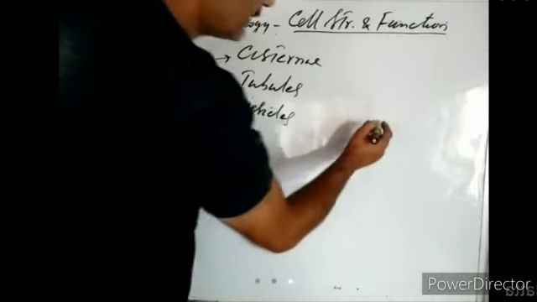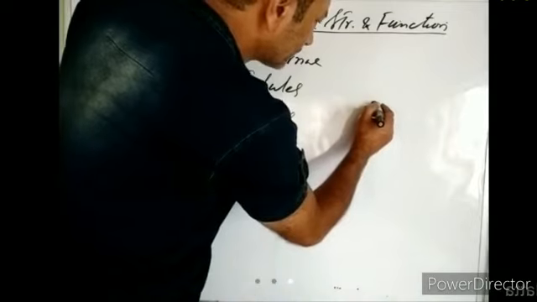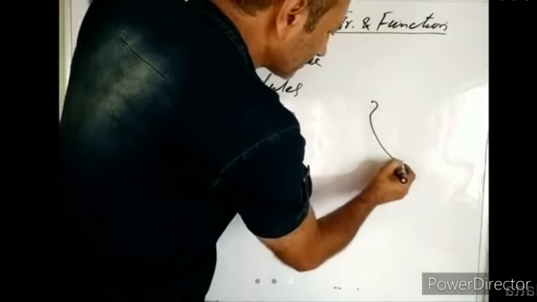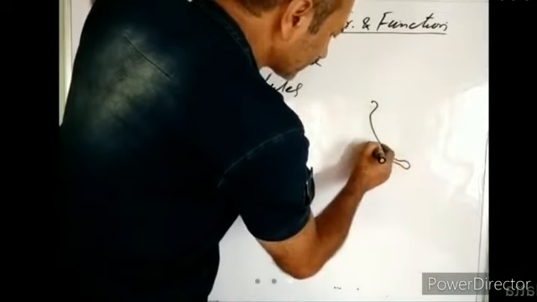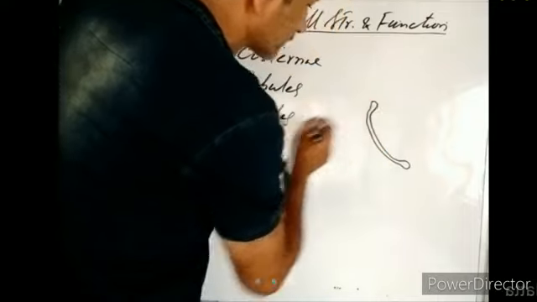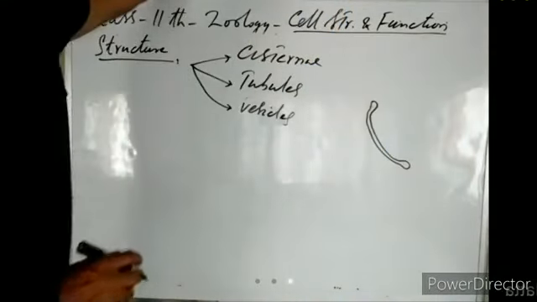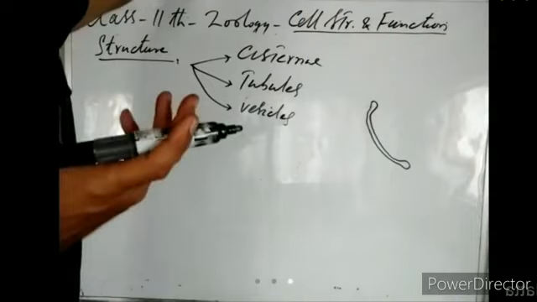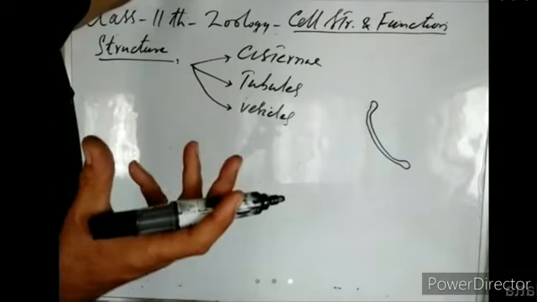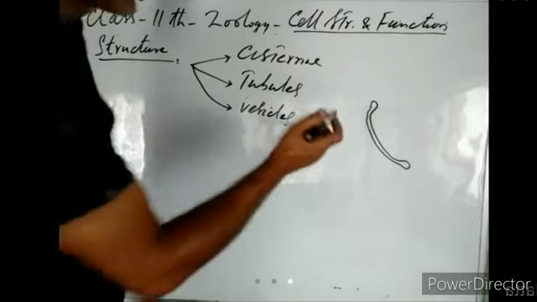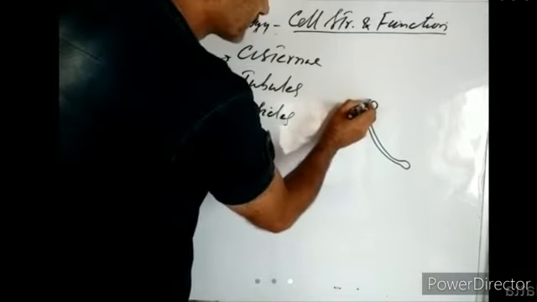What are these cisternae? These are small, sac-like or ball-like structures with swollen tips. Cisternae are ball-like or sac-like structures with swollen or dilated tips.